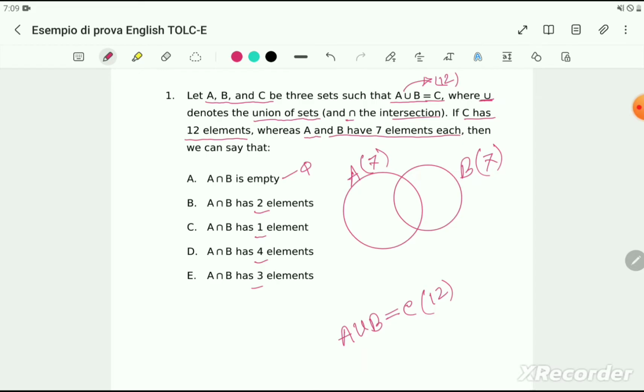What do we have to find? What is A intersection B? So let's find out what A intersection B is.